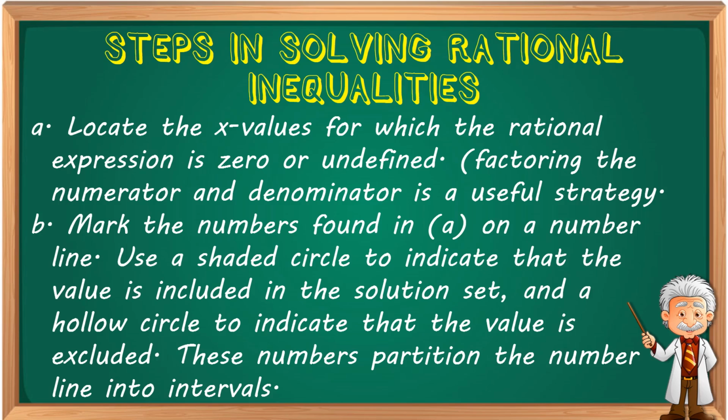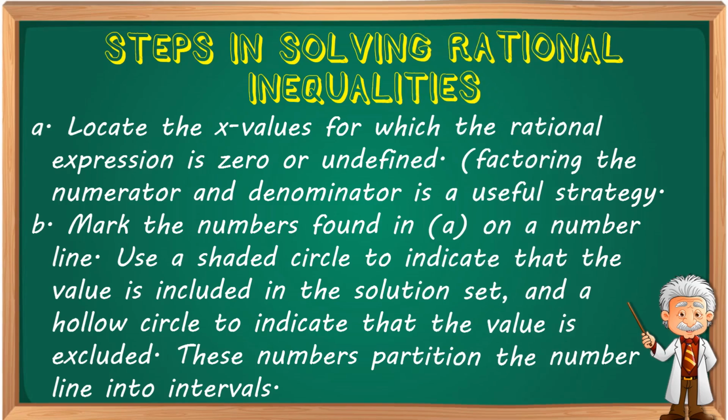Use a shaded circle, yun yung diniscuss natin kanina, to indicate that the value is included in the solution set, and a hollow circle to indicate that the value is excluded. This number partition the number line into intervals. Pag sinabing intervals, ito yung nahahati or hati dun sa number line. Part na hati dun sa number line.